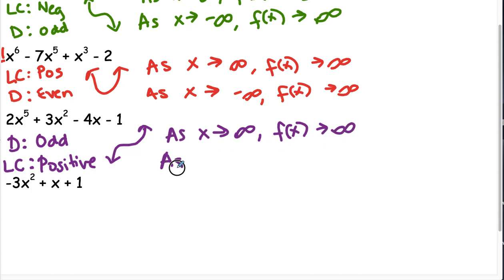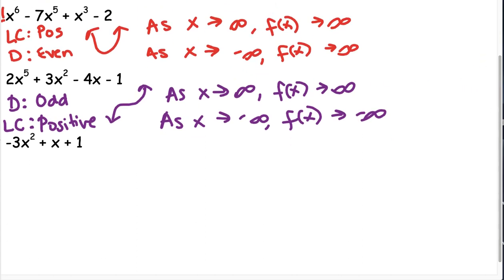All right, as x approaches the left side, then f of x is going to decrease, marked by negative infinity. Okay, let's move forward. Our last example. Okay, so we have negative 3x squared plus x plus 1. All right, so let's start with the degree and then the leading coefficient. So the degree here is 2 because it has the highest exponent, and it's even. Okay, and then the leading coefficient is negative.